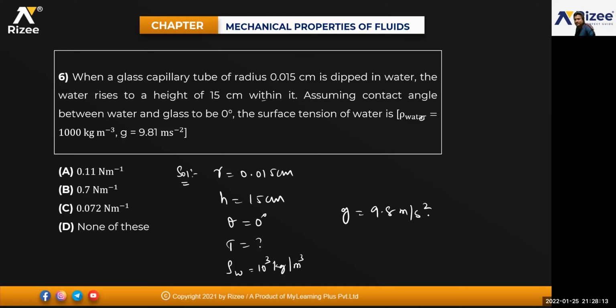Can anyone give me the answer? What is the formula, beta?